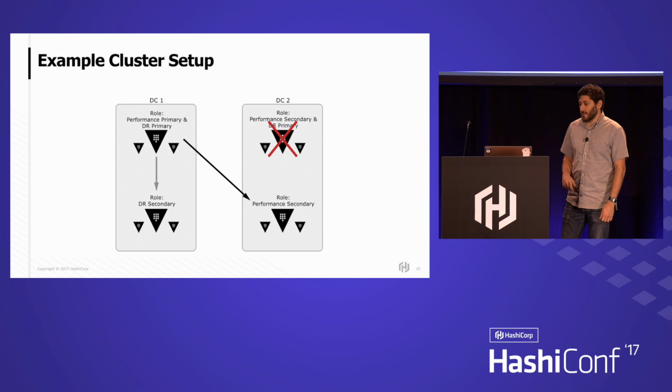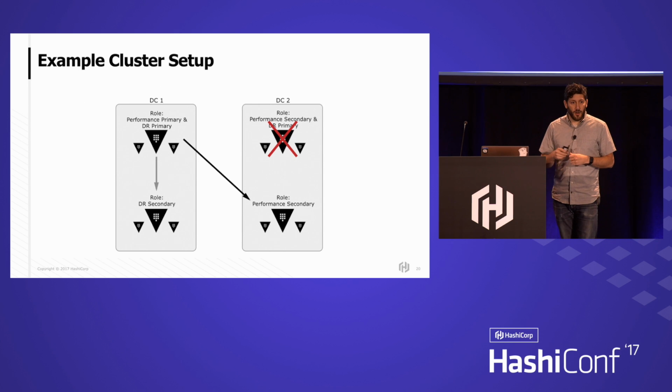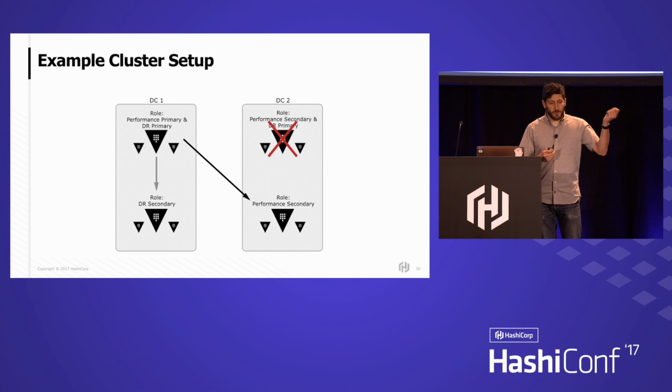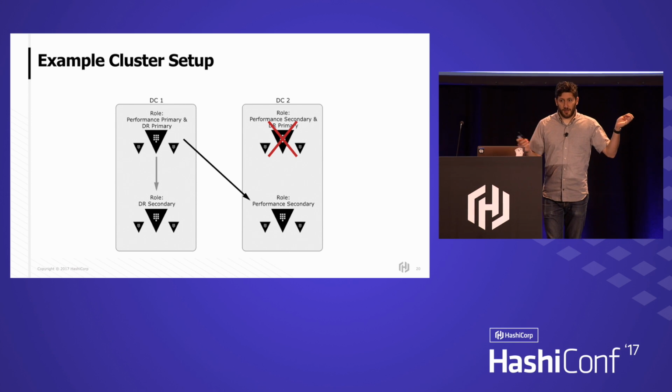But because the secondary had all the information that the primary had, when it comes back up, it knows exactly where that primary is, how to connect to it, what the authentication method is for it, and it's able to reconnect to the primary and start getting updates that it might have missed.